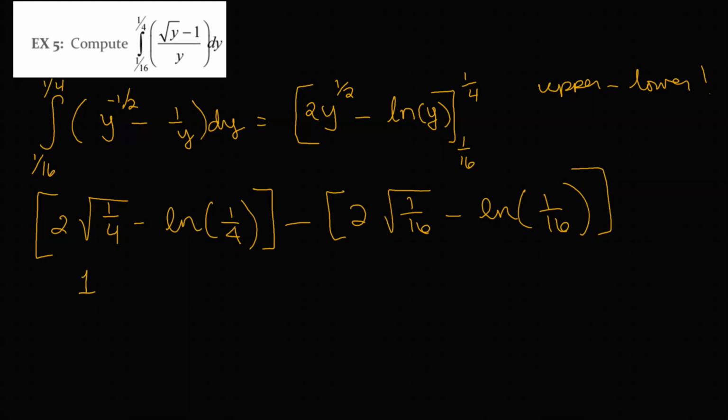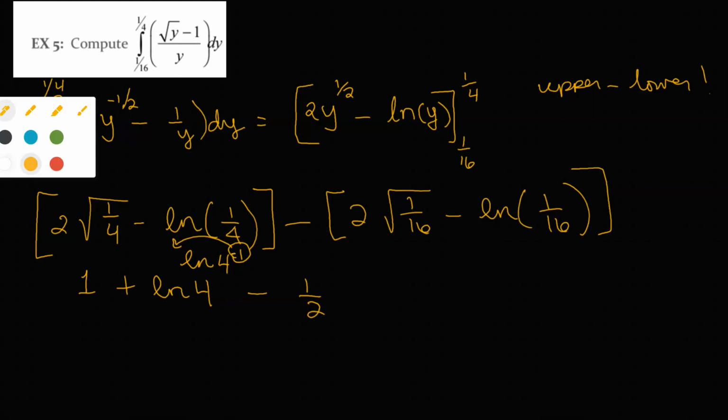For ln of 1/4, 1/4 is 4 to the negative 1 power, and a negative exponent can go in the front, so that would be plus ln of 4. That's a little trick there. The square root of 1/16 is 1/4, times 2 is 1/2, so I have minus 1/2.